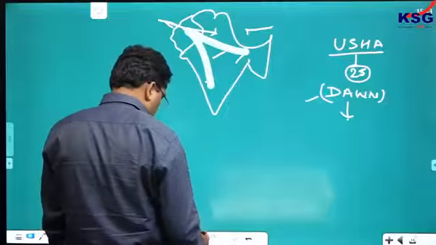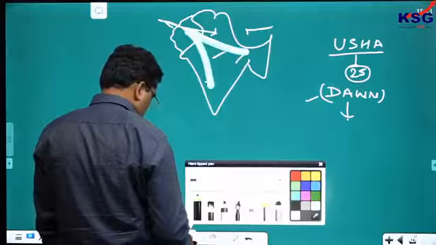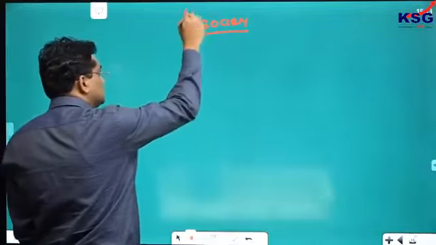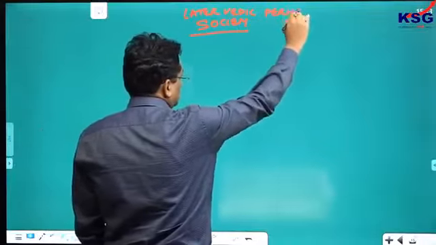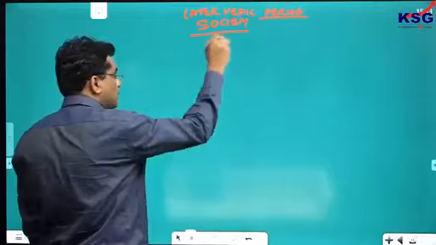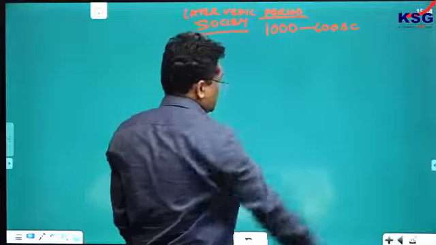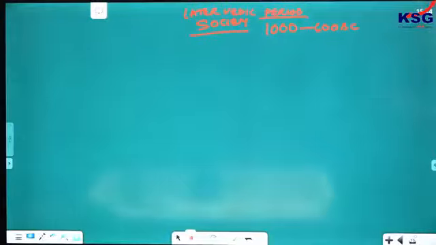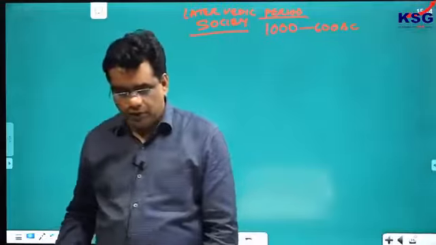So let's talk about the later Vedic period, society, 1000 BC to 600 BC.